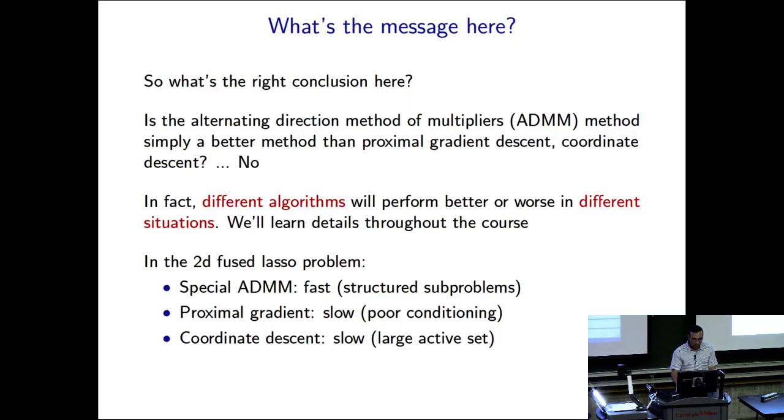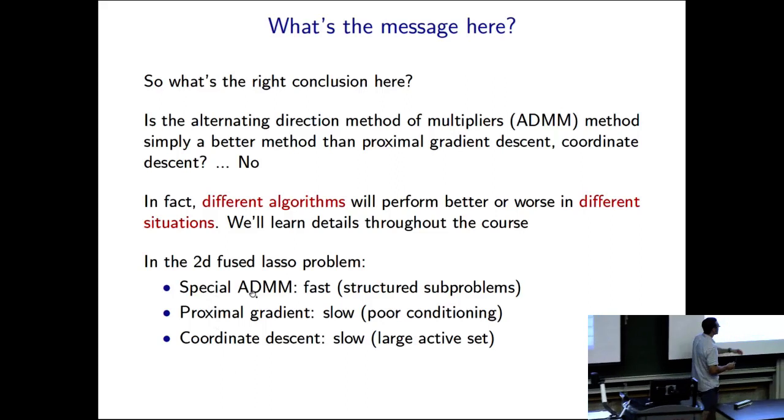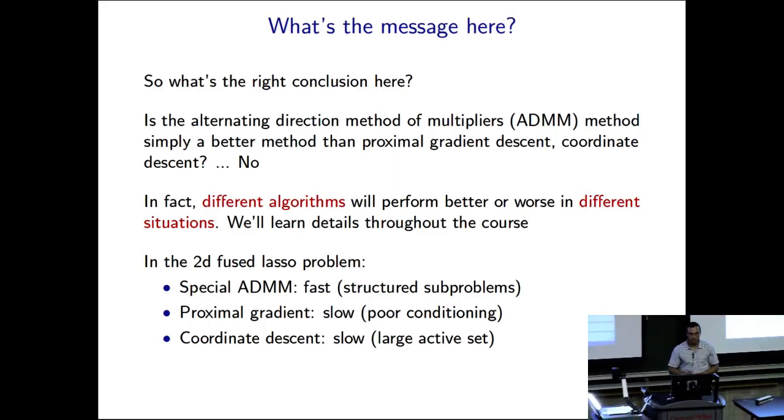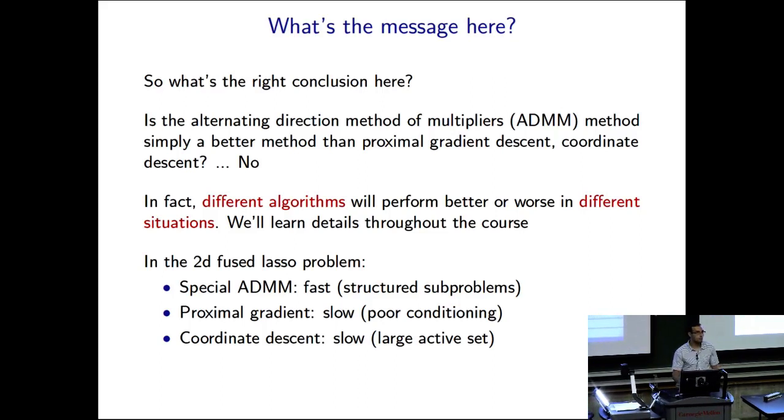In this particular problem, this ADMM approach was really fast because we could structure the subproblems in such a way that they were solvable very quickly. So ADMM in general is not better than proximal gradient or coordinate descent. In this case, the subproblems are very structured. The way we set it up, they're actually very structured. So it took a special decomposition for that to be the case.